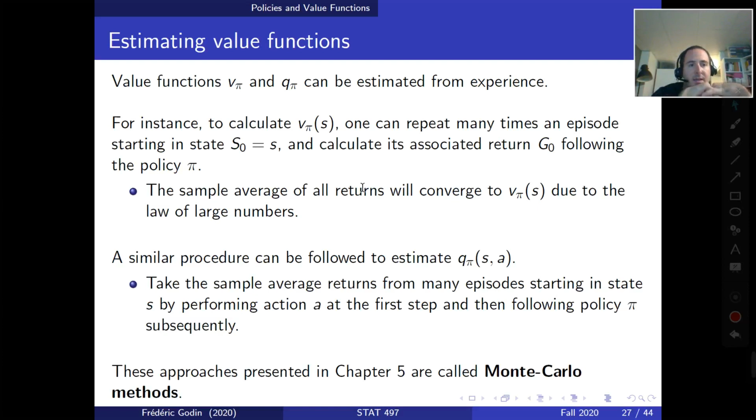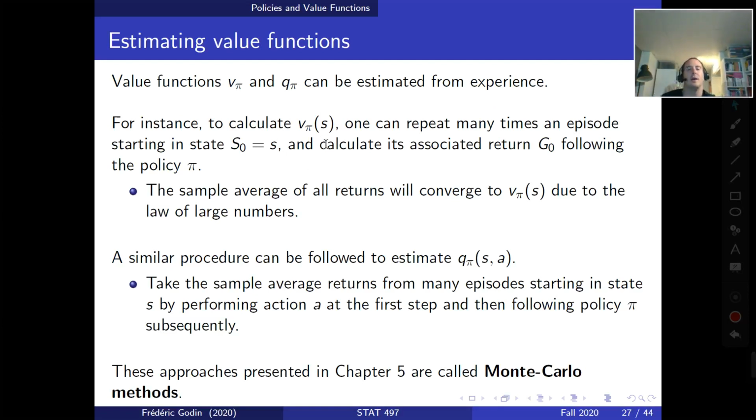For instance, one strategy that we will discuss in chapter 5 to estimate v pi (s) is the following. Let's say we want to estimate v pi (s). What we could do is start the system in state s and then play many episodes starting in that state s and then following your policy pi.